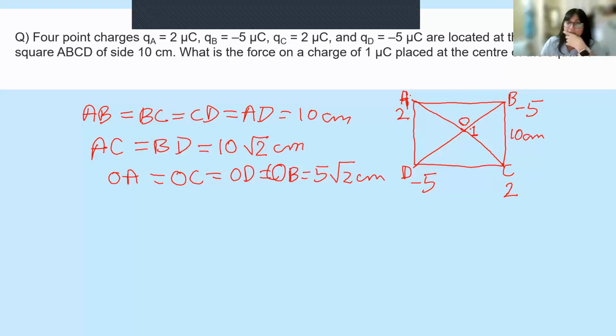And over here it is going to be a repulsive force. So actually these forces are acting in two different directions. So the net force on the center is going to be 0, because the forces here are getting cancelled out by each other.